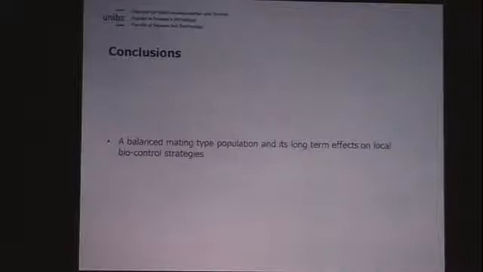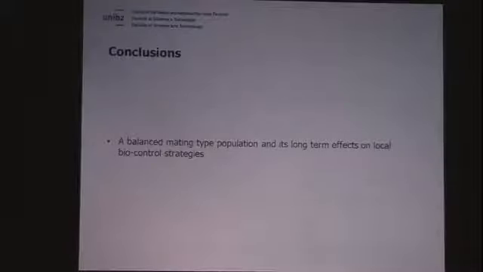A balanced mating type ratio. Mating type ratios differed geographically, but overall in South Tyrol, the mating type ratio was not significantly different from 50%. So the percentage was 50-50, and a 1-to-1 ratio was found overall. This basically represents that there is huge potential of sexual reproduction.